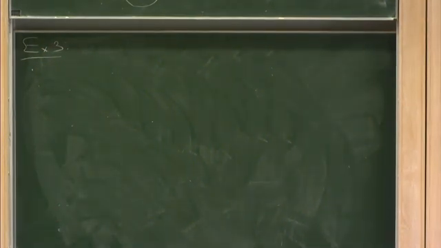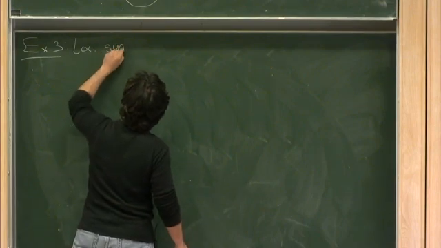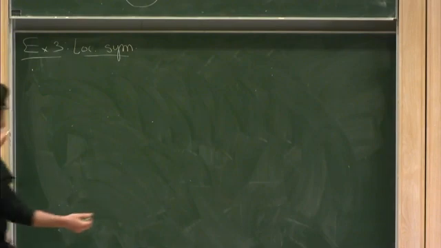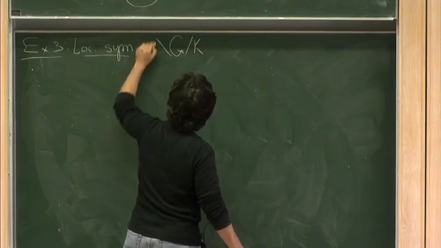And the third example is locally symmetric spaces of non-compact type. I'm not going to give a definition, but these are things of the form G mod K mod gamma.